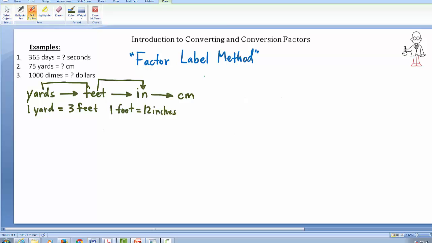And the third one, in 1 inch, we have 2.54 centimeters. And that takes care of the last one here.